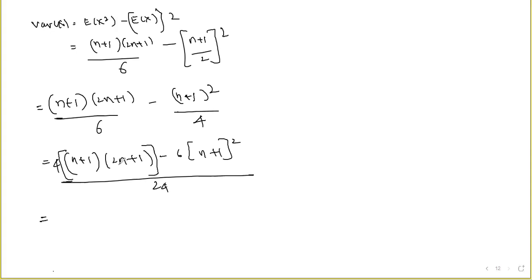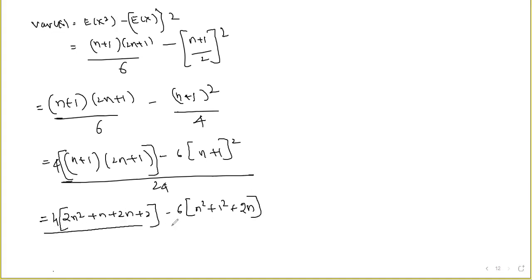So now n into 2n, that is 2n square, plus n plus 2n plus 2, which is multiplied by 4, minus 6 times the square, using the a plus b whole square formula: n square plus 1 square plus 2ab, that is 2n, divided by 24, right?